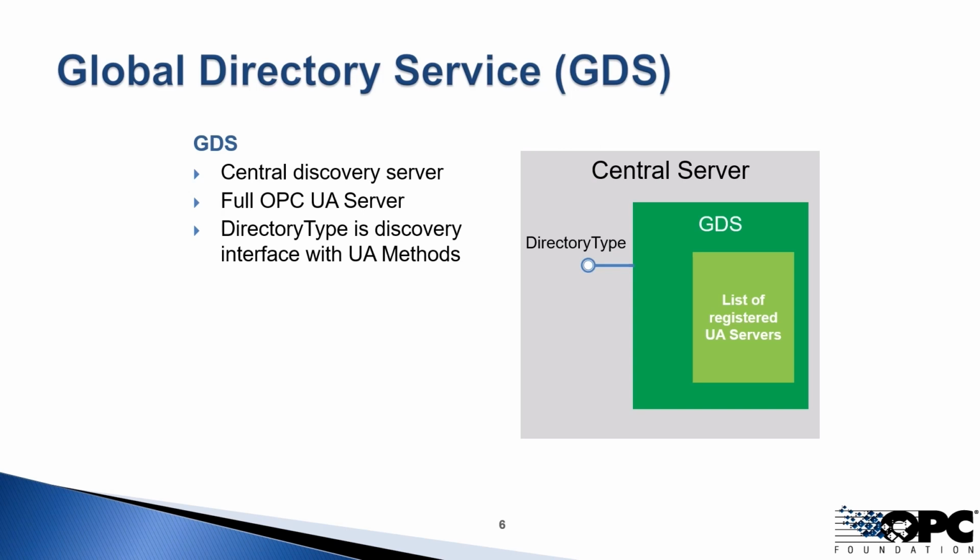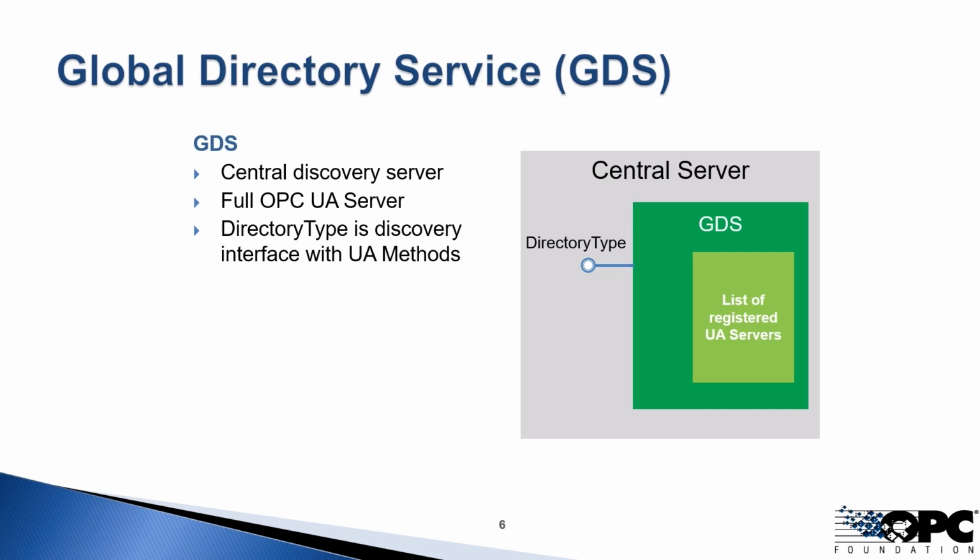And the GDS is really meant to be a centralized component where there are one or sometimes a few of them chained together in various ways, but nonetheless a centralized component that is in fact itself a full OPC UA server. That is, it has a fully viewable address space, and it will read, write, and browse nodes and so forth, just like any other OPC UA server.